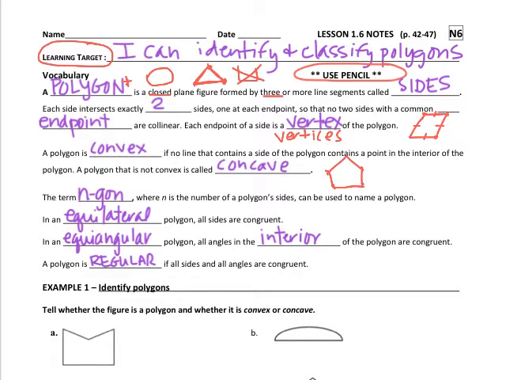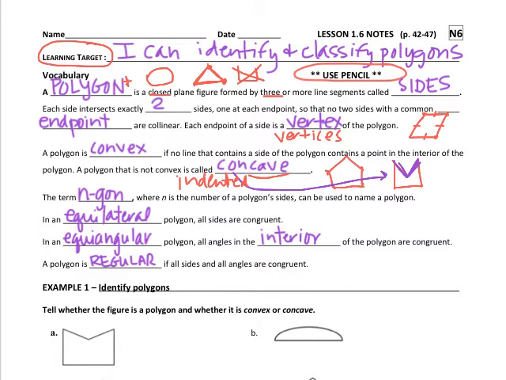If it's concave, and I kind of remember it this way because it kind of looks like a cave, because it would be something more like this where there's like an indent. Okay, so if this part is kind of going into the figure, then that would be called concave. So anything that has an indentation is another way to remember that. So the word cave or indented, those are the ones that are called concave.